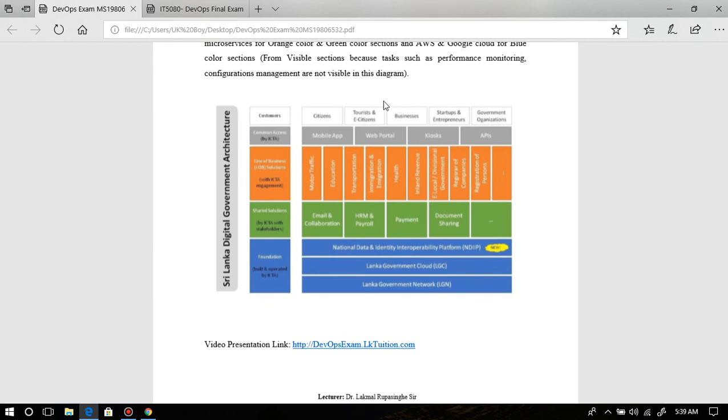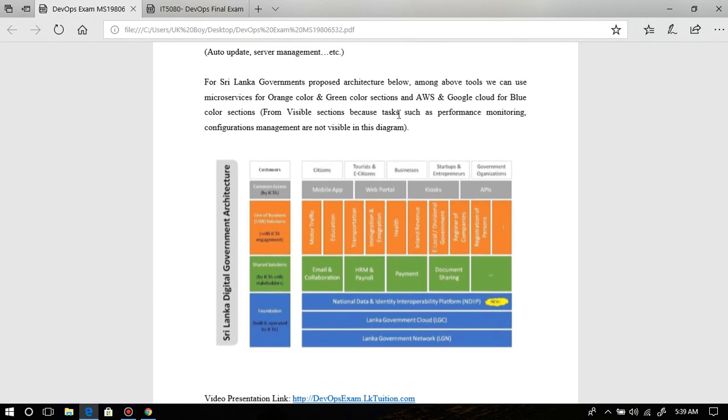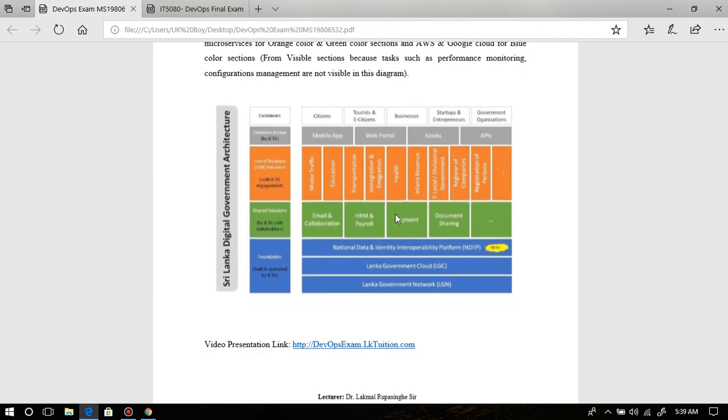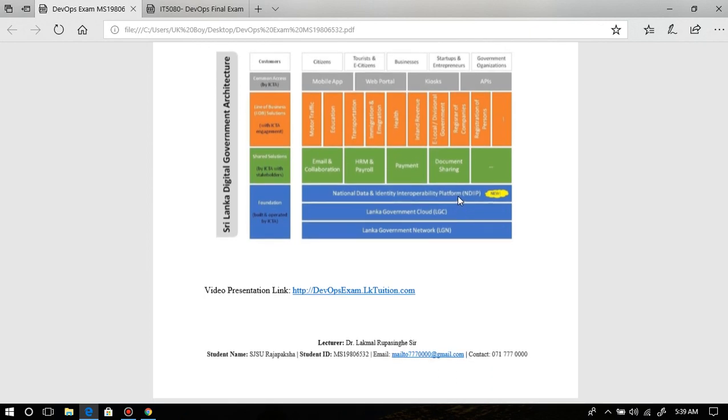Therefore, I have matched the DevOps tech stack with the Sri Lanka digital government architecture. So I think now you have a good idea about our project report: a DevOps tech stack for developing a digital government based project.